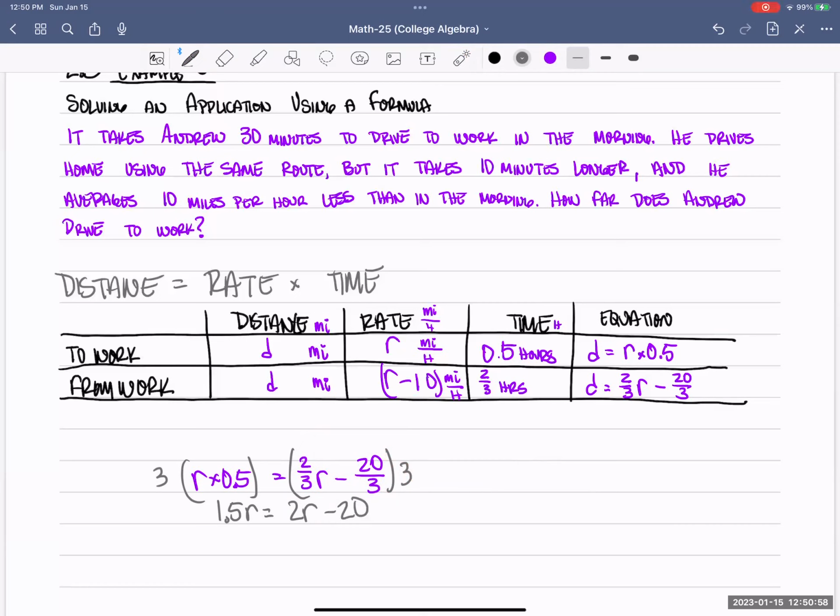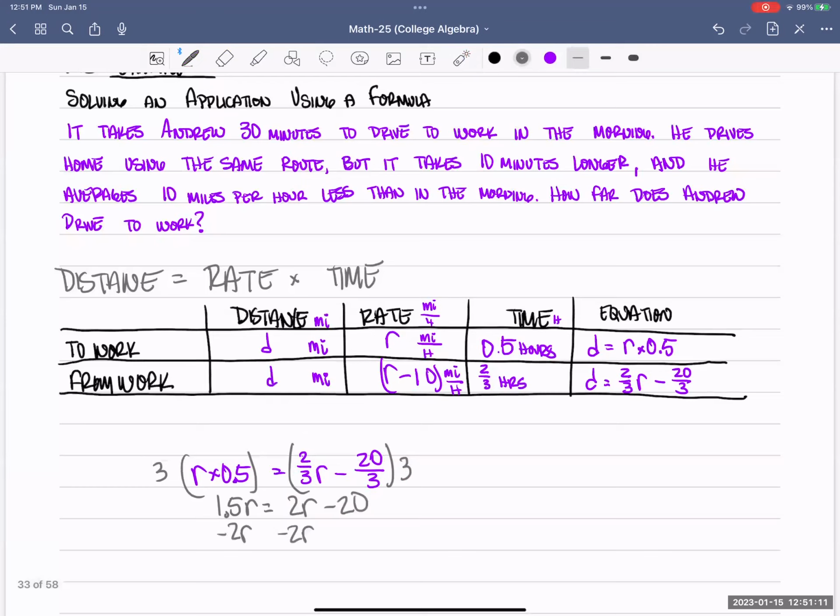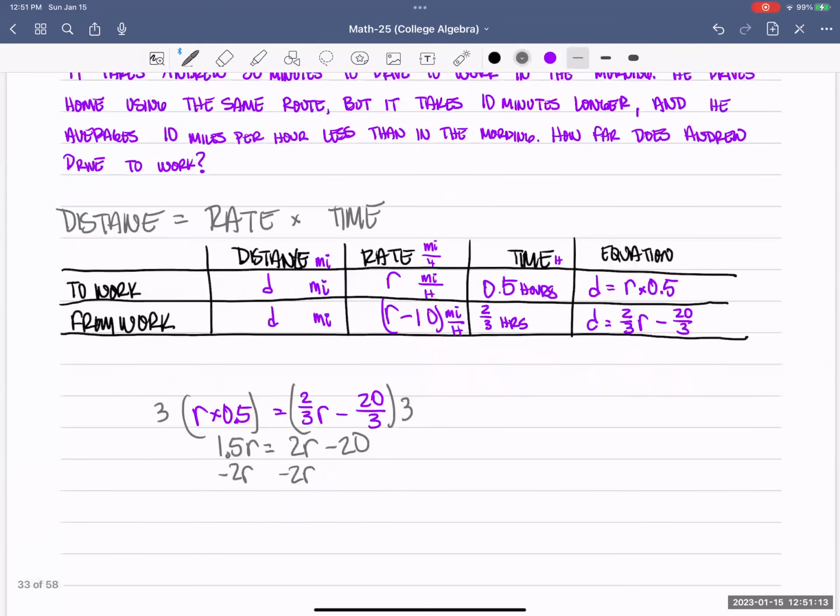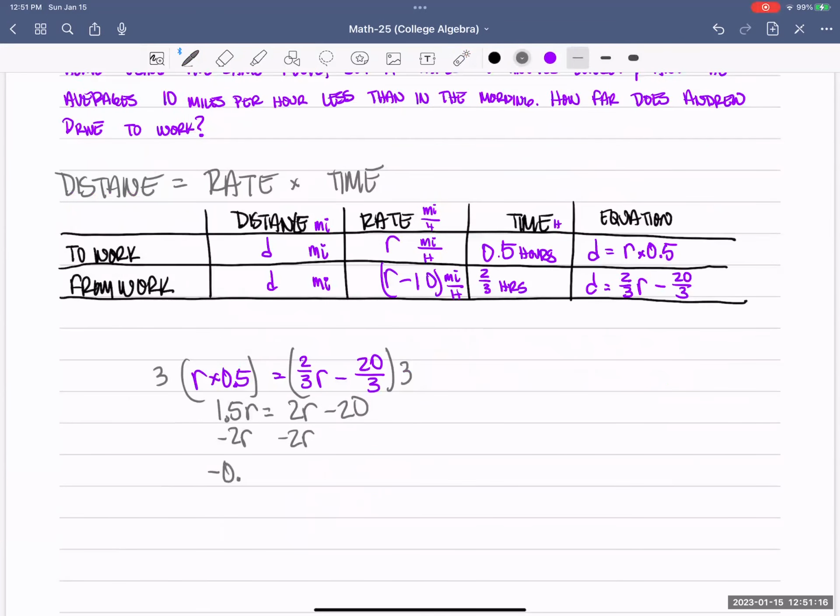And from here, we could start solving. We can move all of the variables over to the left side, leaving us with our right side. So minus 2r on both sides. 1.5 minus 2 gives us a negative 0.5r. And that's equal to a negative 20. So now whatever you're more comfortable, you could see this as half and multiply it by 2, or multiply by a negative 2 to get rid of the negative and the decimal.